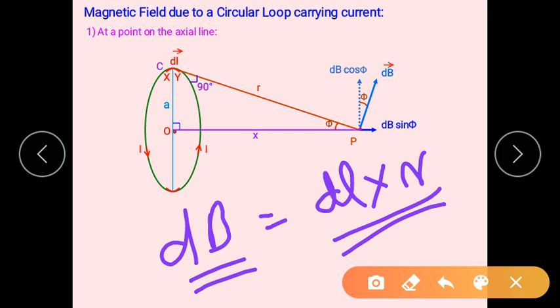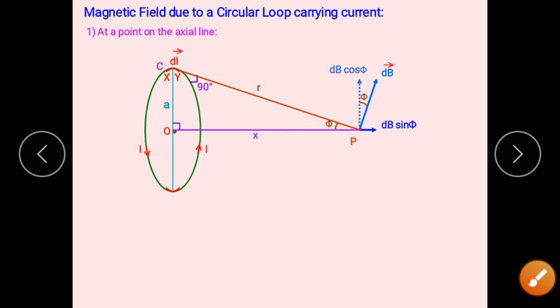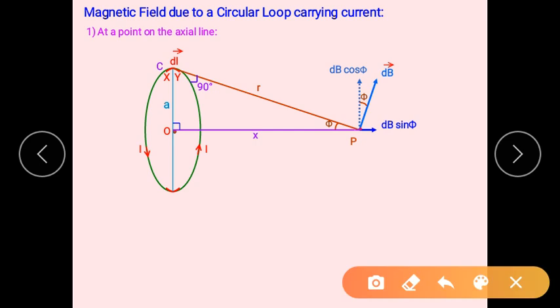Let us see which is the plane containing dl and r. dl is in the outward direction. r is shown here in red color.